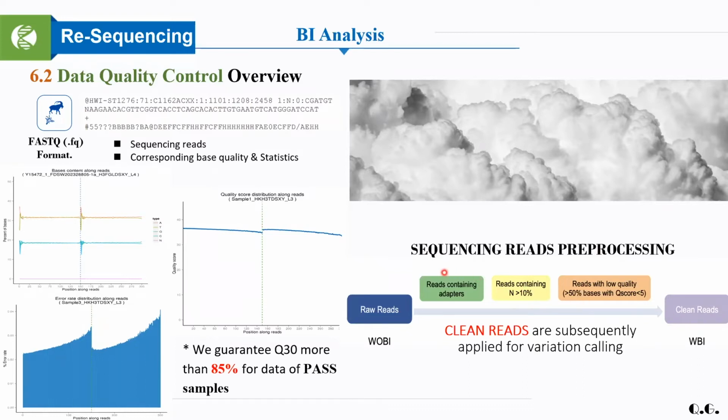First of all, we will remove the paired reads if either read contains adapter contamination, or if uncertain nucleotides constitute more than 10% of either read, and also for those paired reads, if the low quality nucleotides constitute more than 50% of either read, we are going to determine them as unqualified reads for bioinformatic analysis and remove them as well. So it's only the clean reads that are subsequently applied for mapping and variation calling.